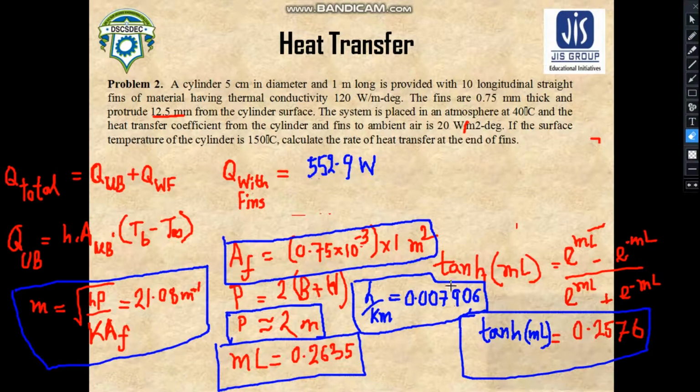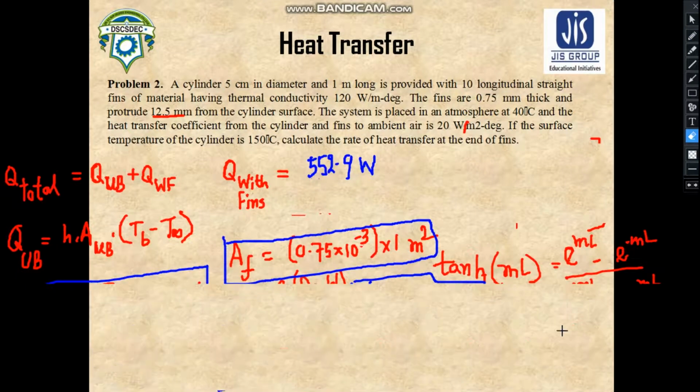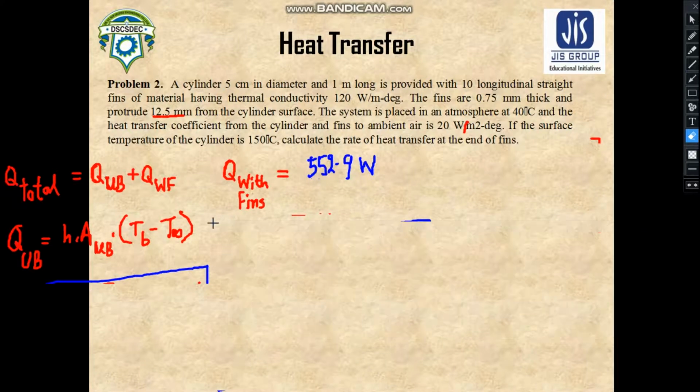Now the question is, what is the heat transfer through the unfinned portion? To calculate the total heat transfer we need to understand what is the heat transfer through these fins and what is the heat transfer through the unfinned base portion.